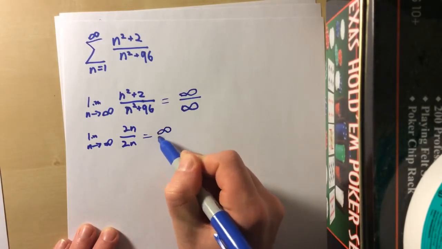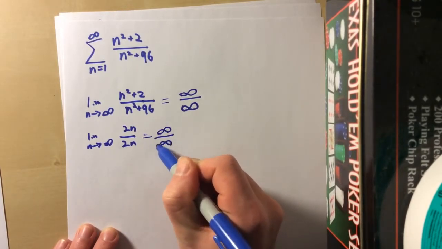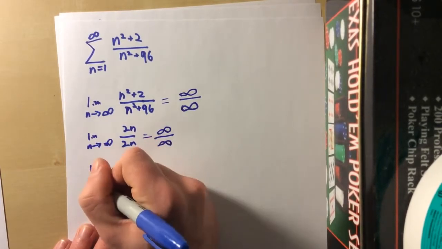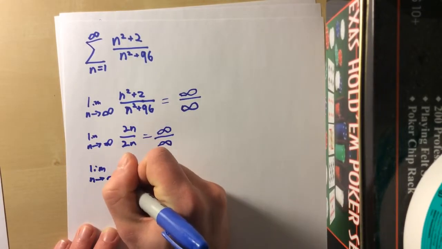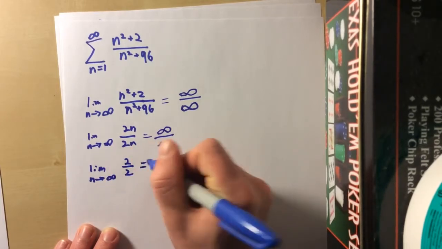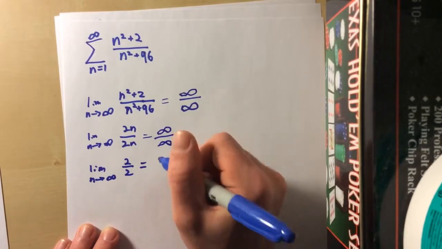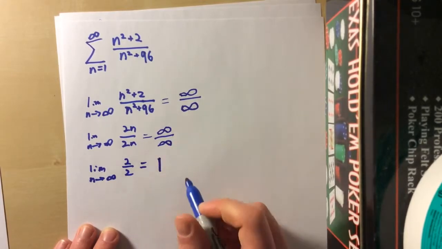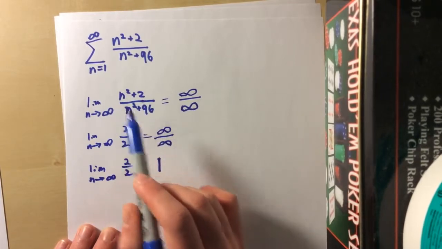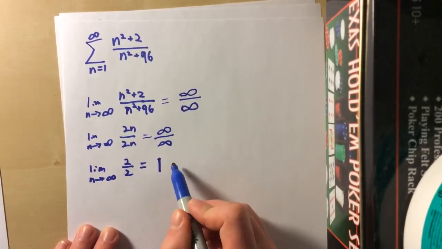So you'd have to do it one more time, use L'Hopital's, and in the end we'd get the limit as n approaches infinity of 2 over 2, which is just 1. So what we're saying is that the limit as n approaches infinity of a sub n is equal to 1.